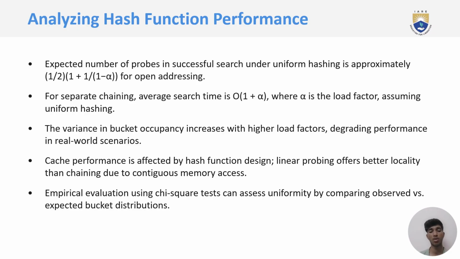Cache performance also plays an important role. Methods like linear probing perform well in terms of memory locality because data is stored in contiguous locations. Statistical tests such as chi-square are used to measure the uniformity of hash distributions.